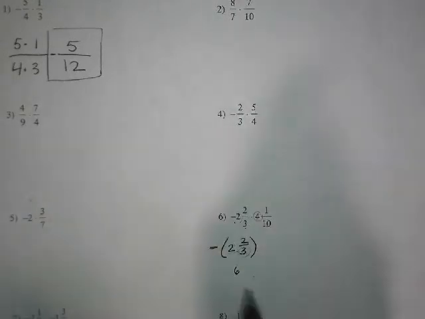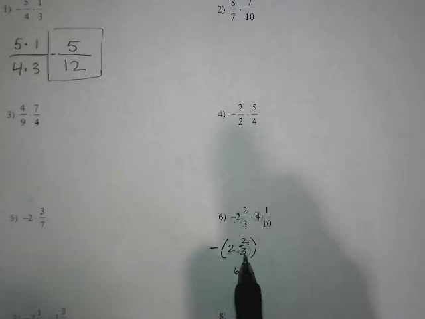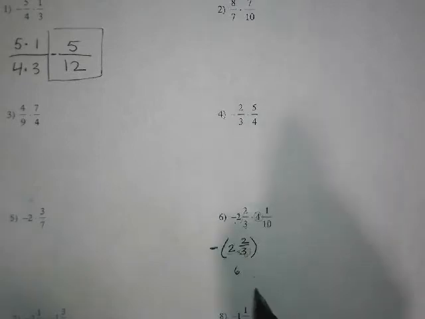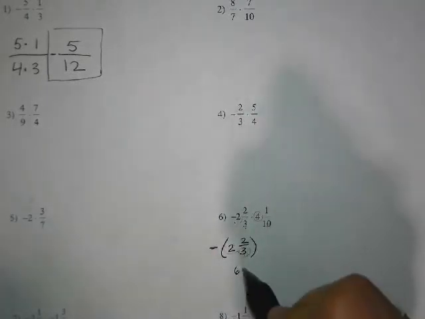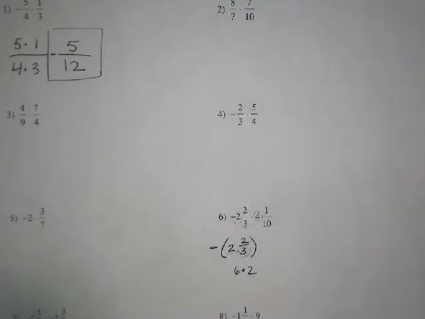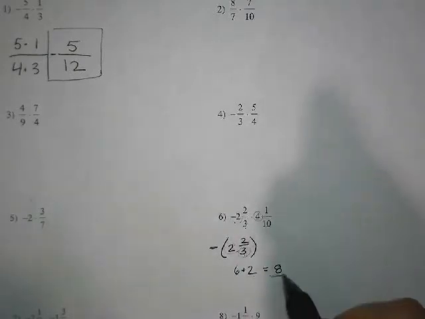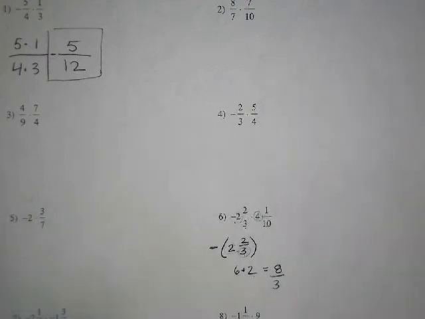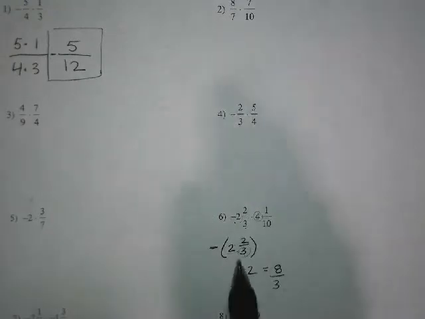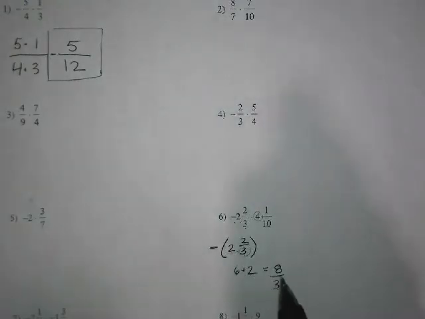And what we need to do with our multiplication here is add it to the top. So we're going to do 6 plus 2 equals 8, and our denominator stays the same at 3. So we just took this big 2 over here and we moved it up to the numerator.